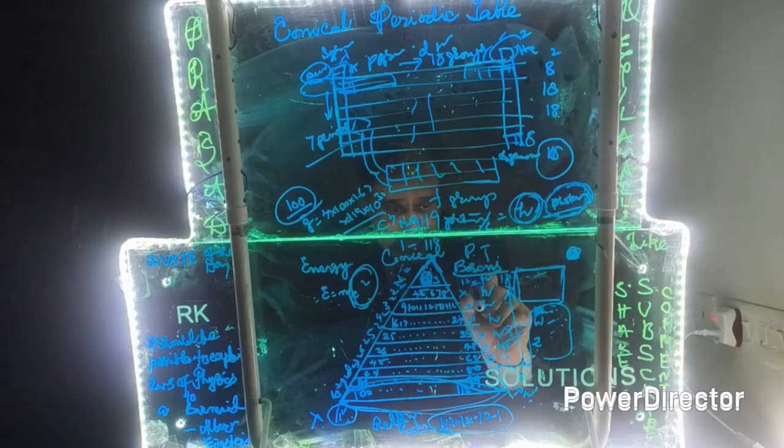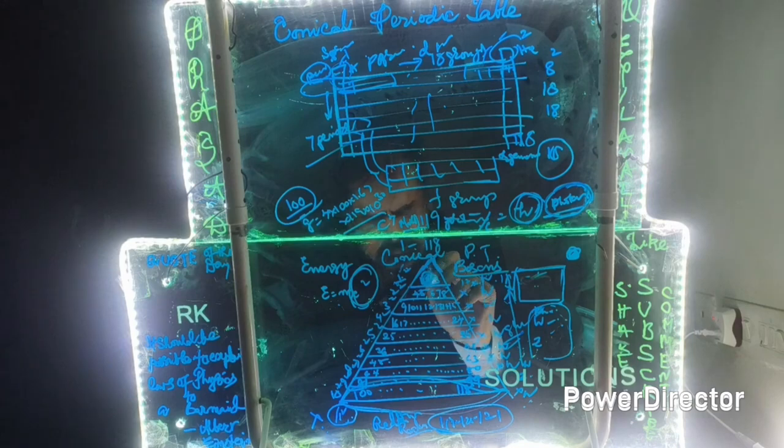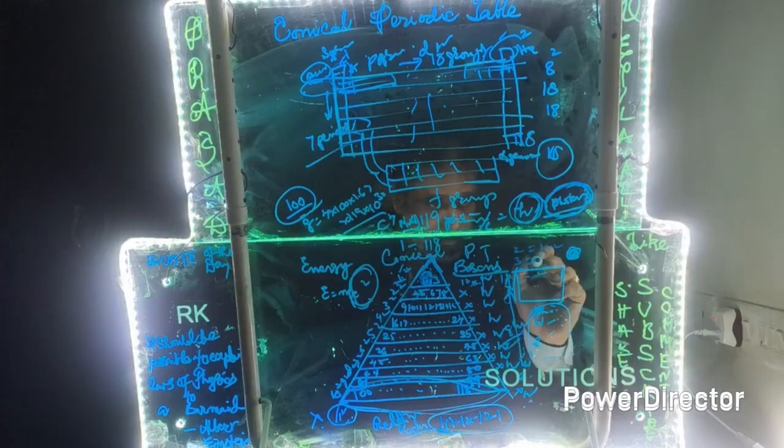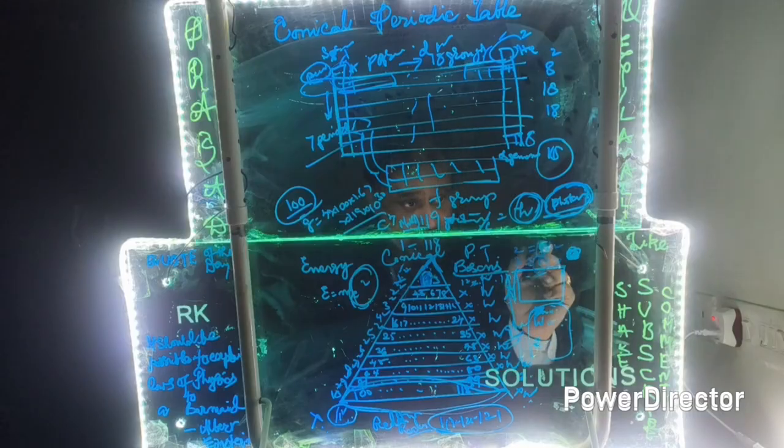That will be each boson. Let's say this helium will have two ones: 1 into 2 is 2. Similarly, if you want boron, then 1 into 3: 1 photon, 2 photons, 3 photons.